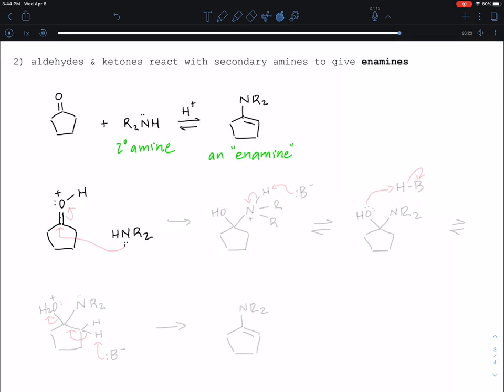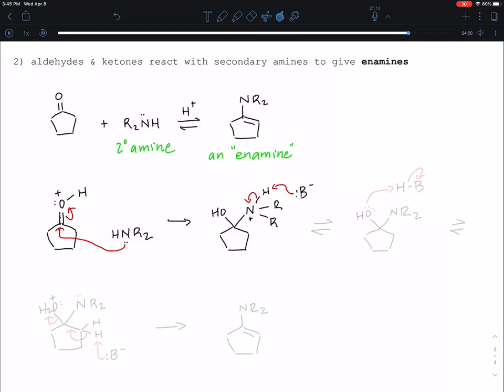And we're going to take these electrons, attack the carbonyl, dump electrons onto the oxygen, and what do we get? So we've got our positive charge on our nitrogen here, two R groups, and we've got our conjugate base because we used the acid to protonate the carbonyl.